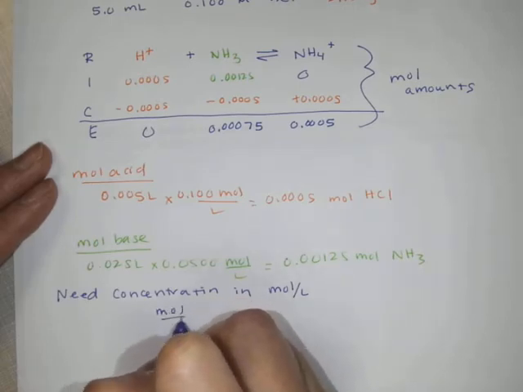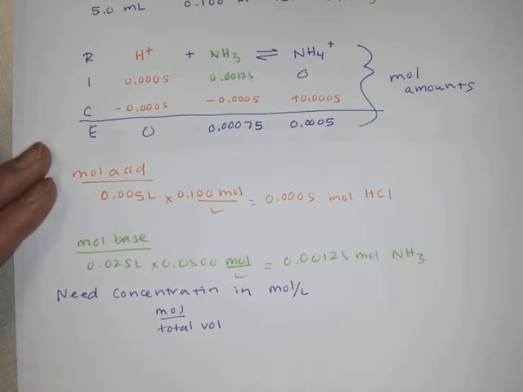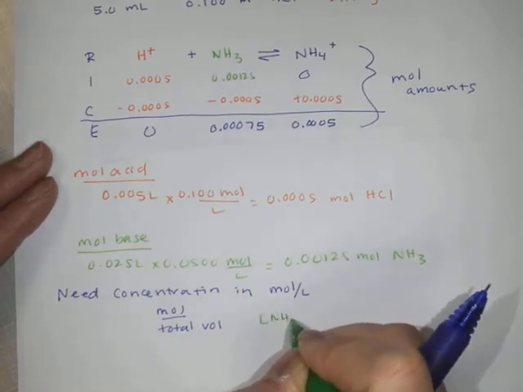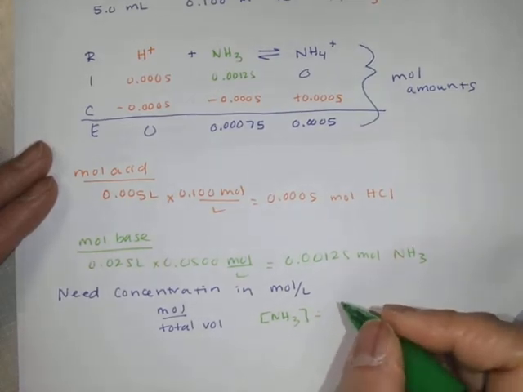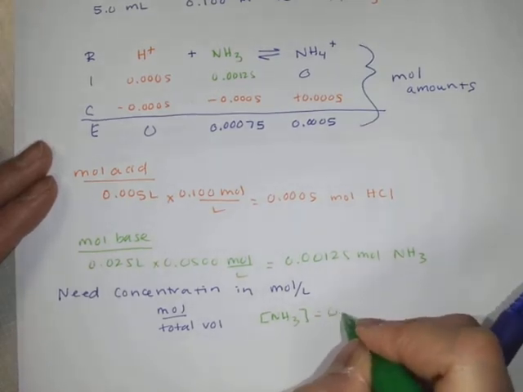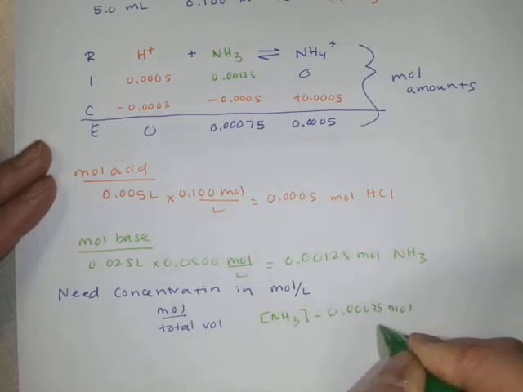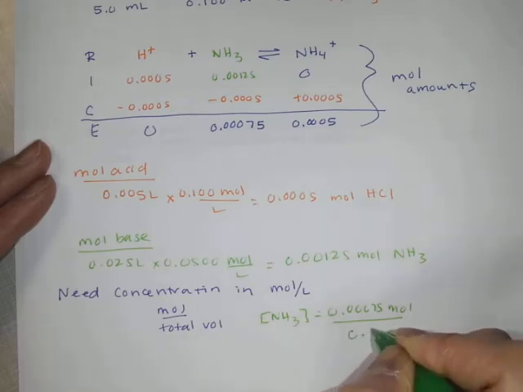So for the NH3, NH3 equals the 0.00075 moles over the total volume, which is in this case again 0.03 liters.